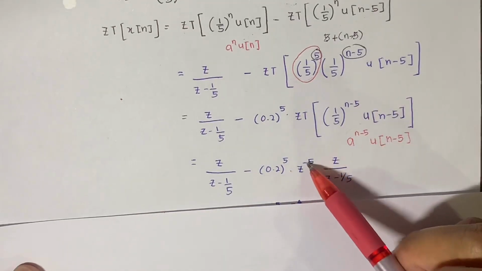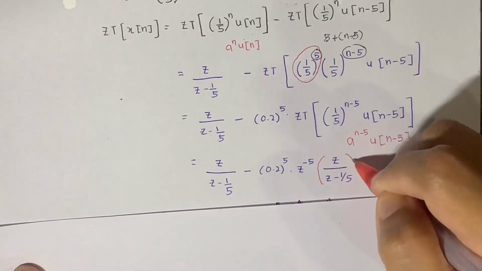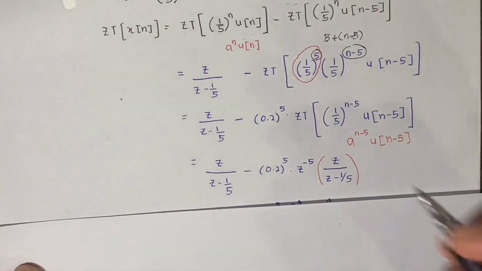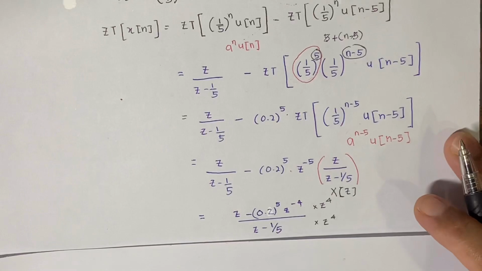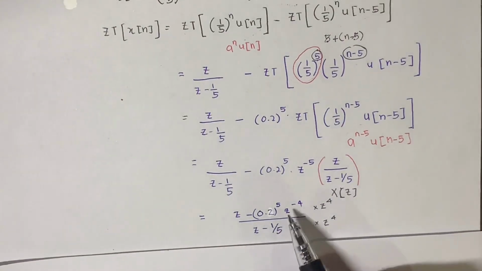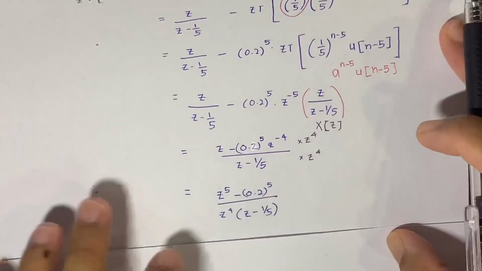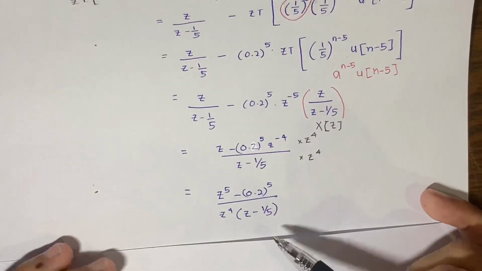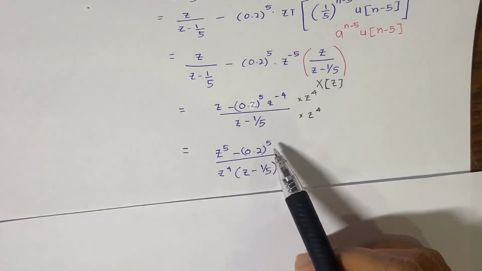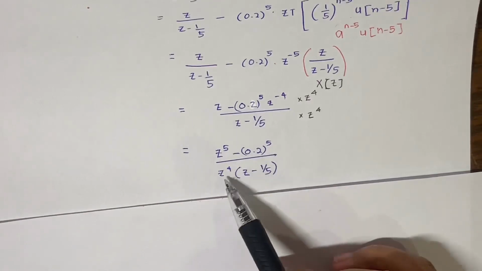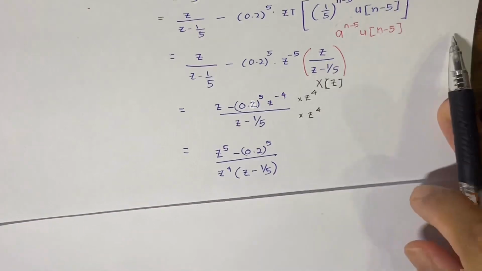And for this, you get it from X(z). Then you will get this answer. I just want to rearrange it back, and I will get this: Z to the power of 5 minus 0.2 to the power of 5, over Z to the power of 4, times Z minus 1 over 5.